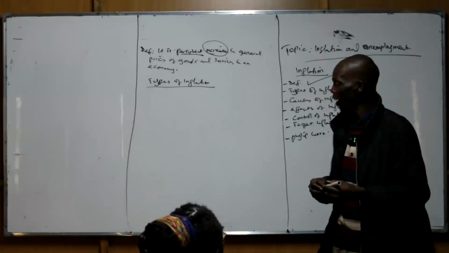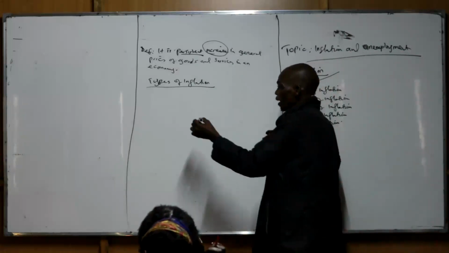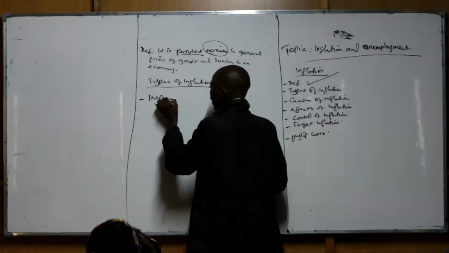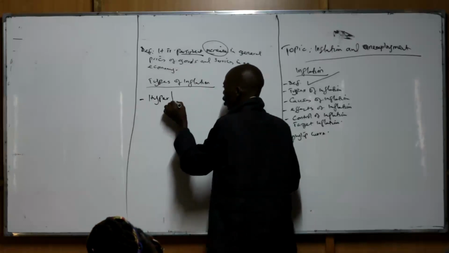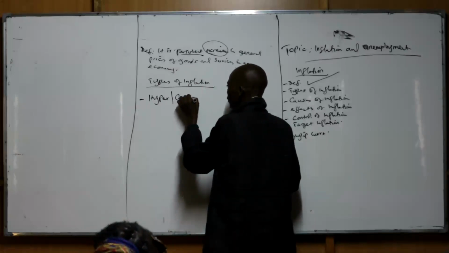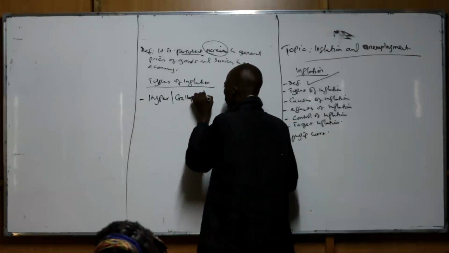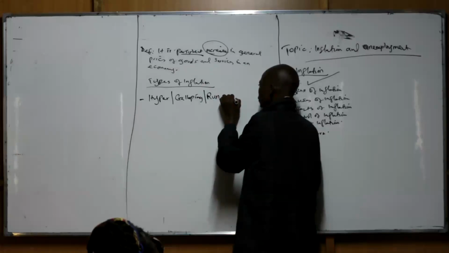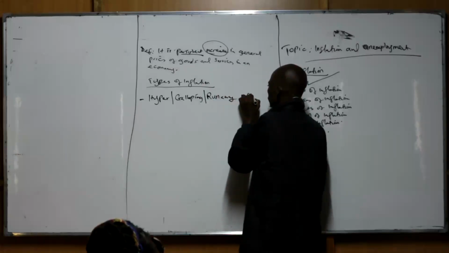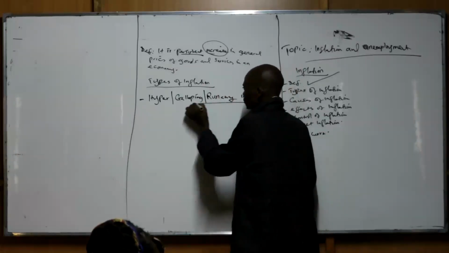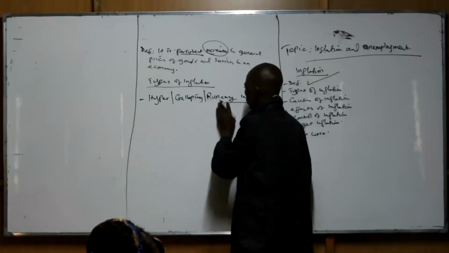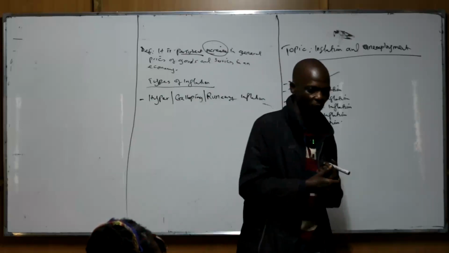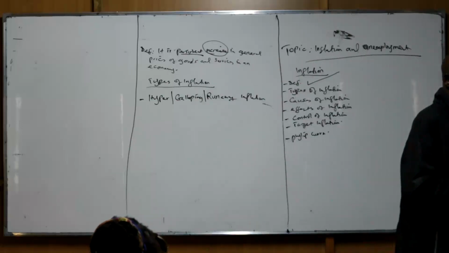So for the types of inflation, we have what we call hyper, galloping, or runaway inflation.